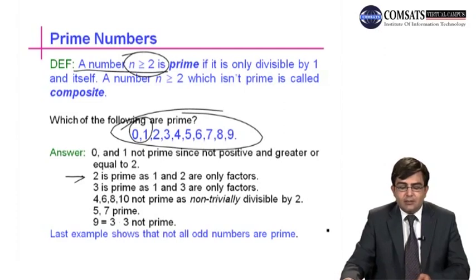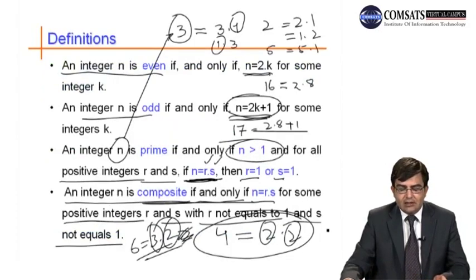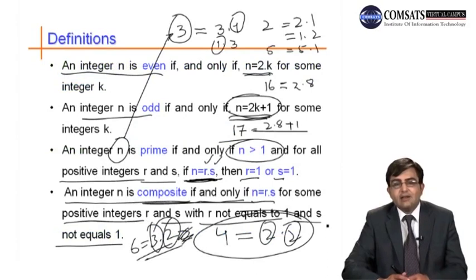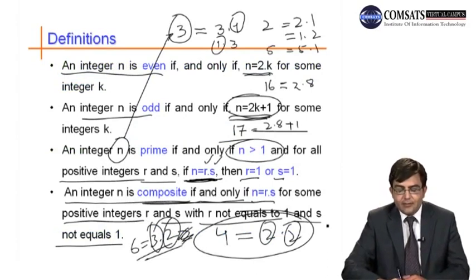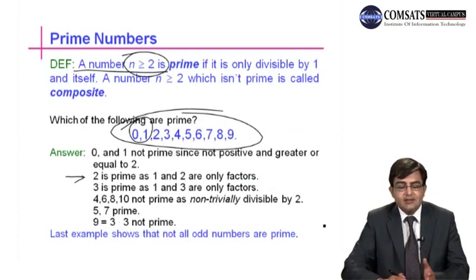In the previous example we mentioned that n can be written as a product of two integers r and s, one of which must be 1. This is equivalent to saying that a number is said to be prime if it is greater than or equal to 2 and only divisible by 1 or itself.